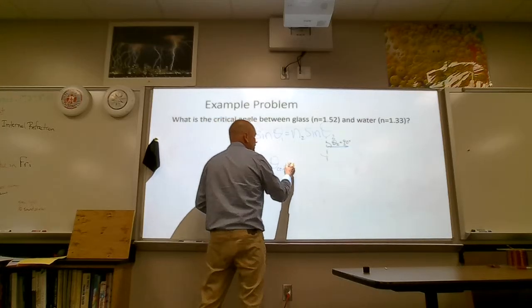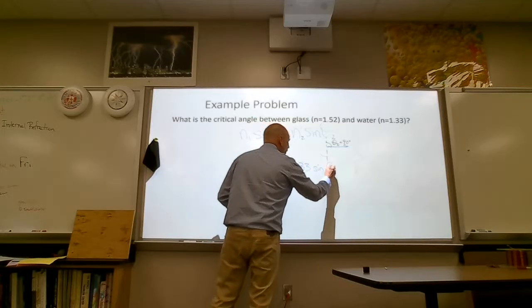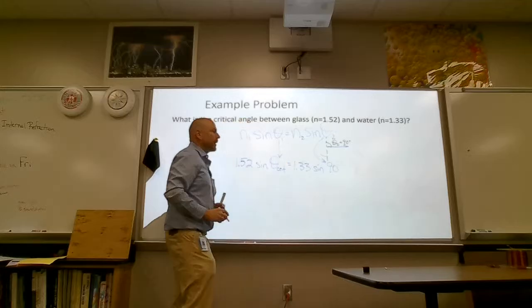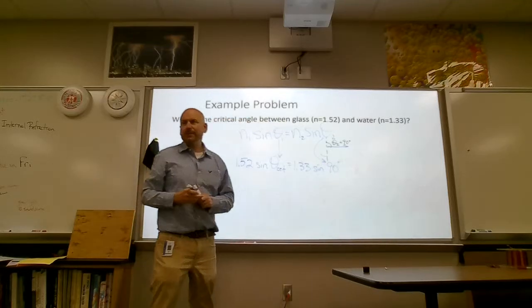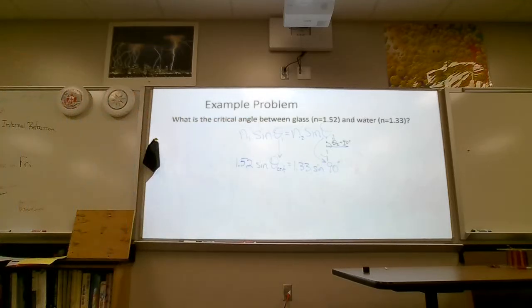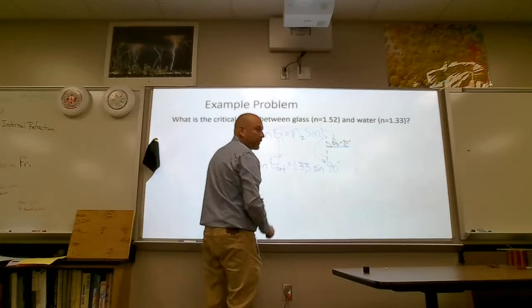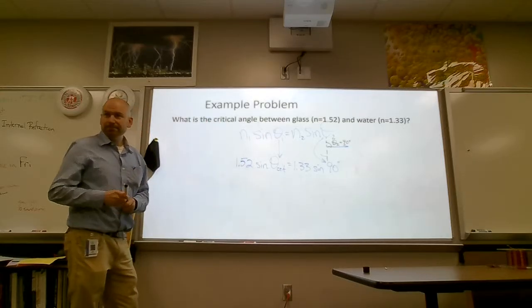Okay. So when finding the critical angle, theta 2 is 90 degrees. That's the special case. Make sure you make N1 greater than N2 for the critical angle. And then you just solve for it.